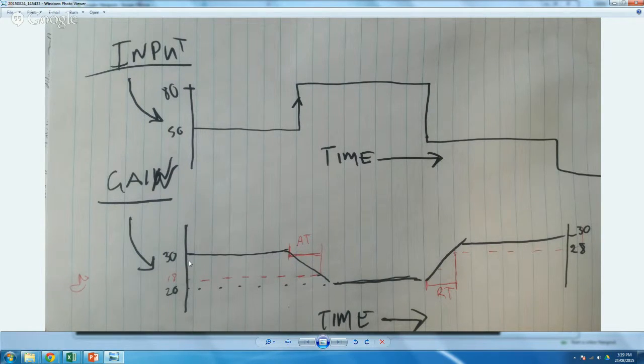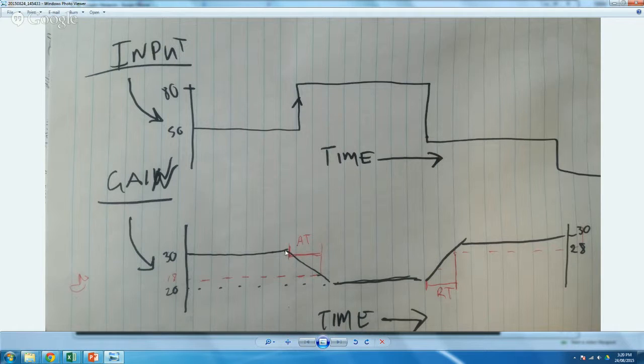So the ANSI and IEC standards vary somewhat, but both essentially suggest that the criteria for an attack or release time should be relative to between 2 and 4 dB from the plateau. So essentially what that means is the signal's going along, then it gets louder.